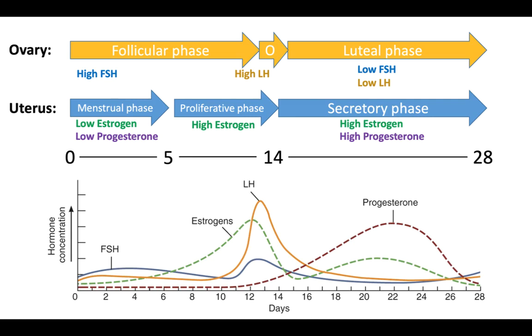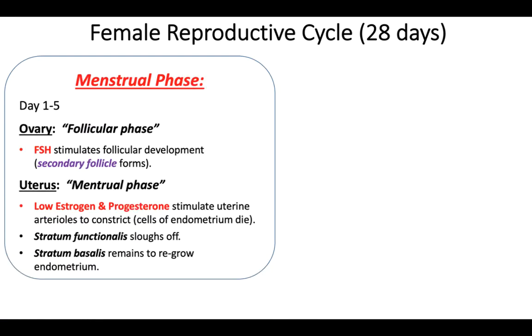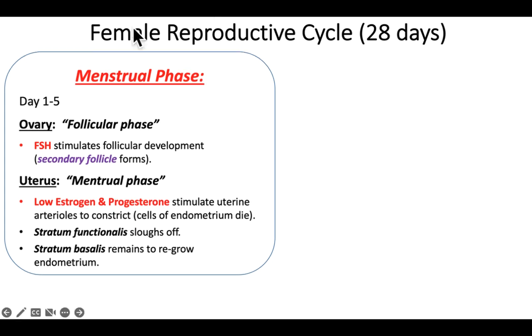We're going to go nice and slowly through the 28-day cycle. All right, so we start with the menstrual phase. The menstrual phase describes what's happening in the uterus. In the ovary, we're going to be in the follicular phase. Basically, day 1 is the first sign of menstruation.